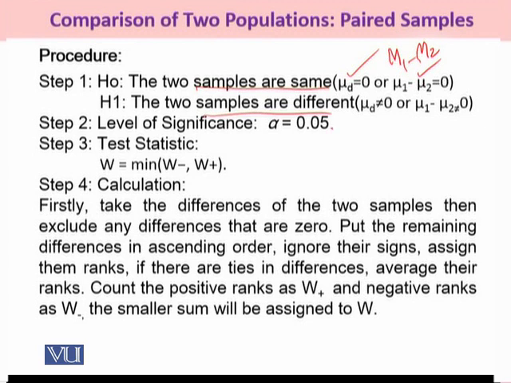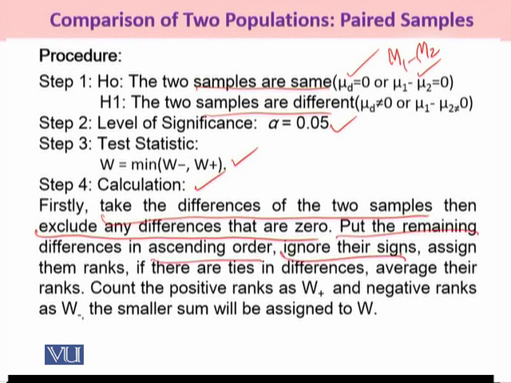The next thing is to set up the level of significance. Then step 3 is to define the test statistic, denoted as W, which is the minimum of W minus or W plus. As far as the calculations are concerned, firstly you take the differences of the two samples, then exclude any differences that are 0, put the remaining differences in ascending order, ignore their signs, and reassign them ranks.